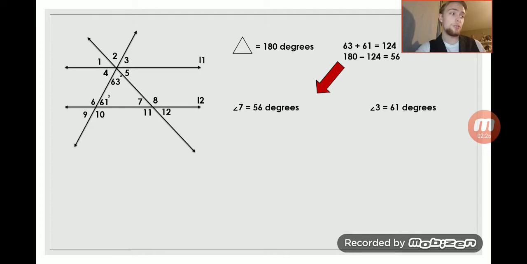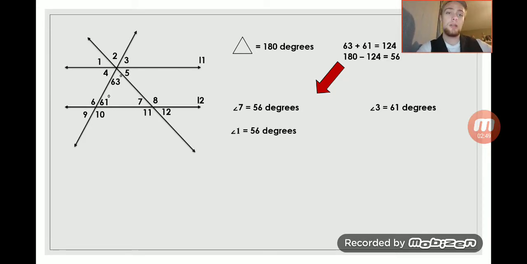Those are what are known as corresponding angles. Corresponding angles specifically are angles that are the same, created by one line. You can see here the one line, we don't have a name for that one, but it is creating both of those angles, so they're the same ones. So angle 3 is going to be 61 degrees.